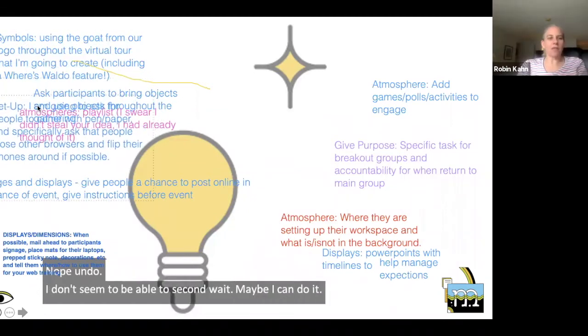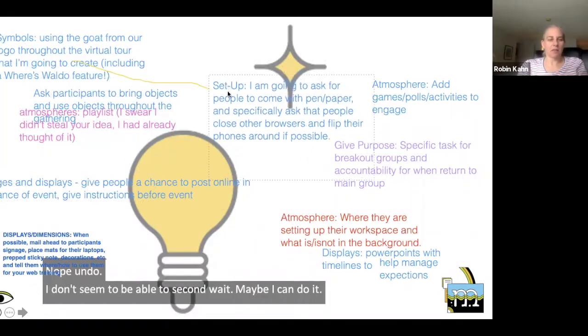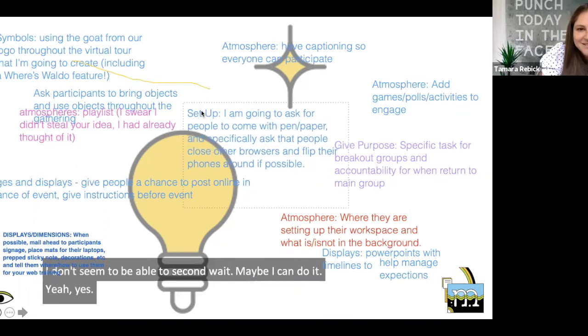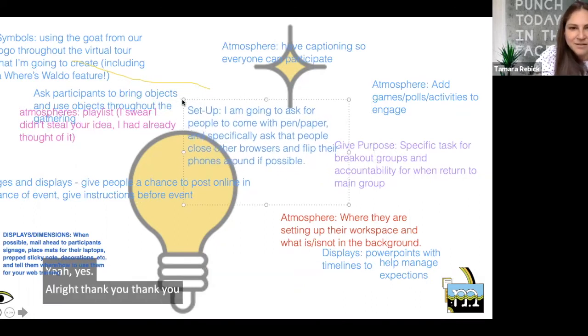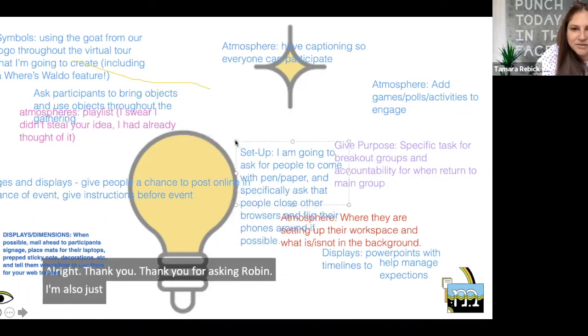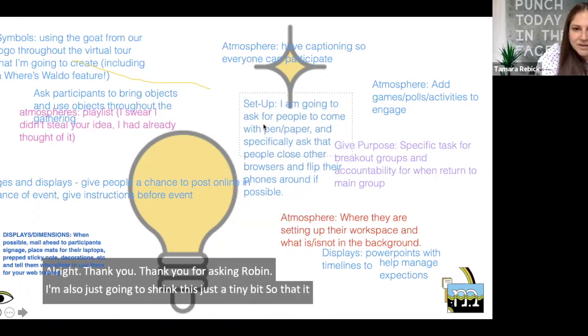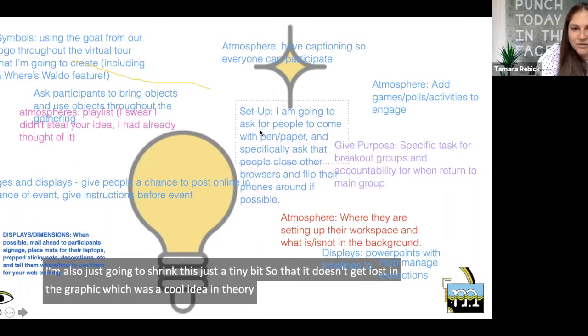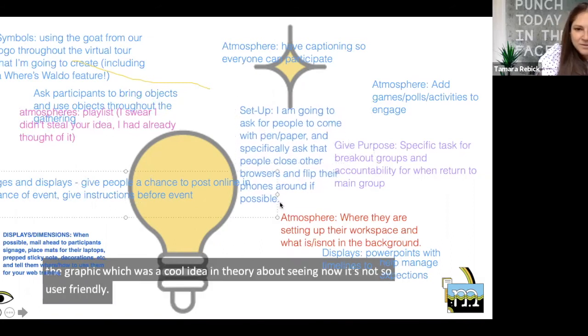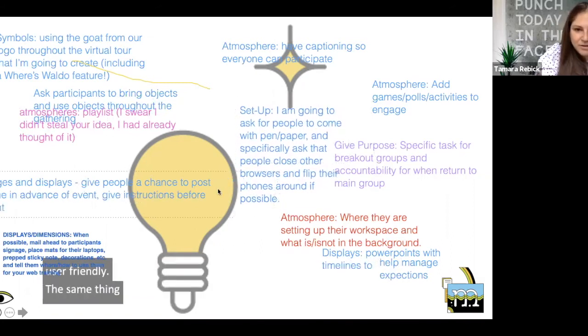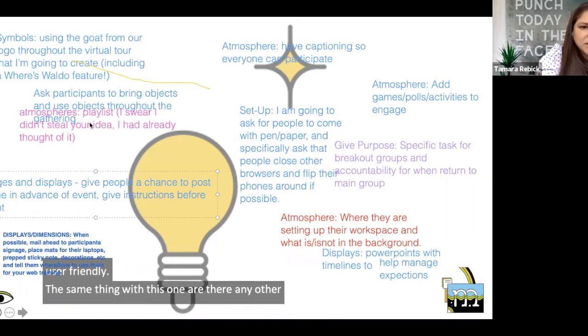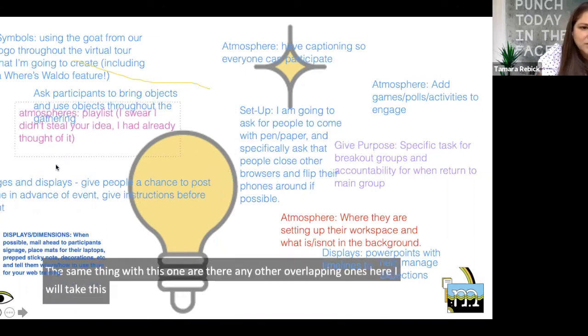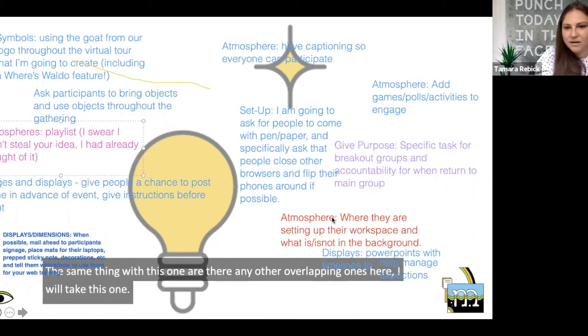I think you have to. There you go. All right. Thank you for asking, Robin. I'm also just going to shrink this just a tiny bit so that it doesn't get lost in the graphic, which was a cool idea in theory, but seeing it now, it's not so user-friendly. The same thing with this one. Are there any other overlapping ones? Here, we'll take this one. Move it down a little bit. Awesome.